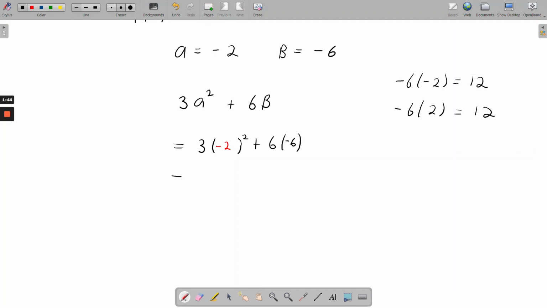So we calculate that out. We get 3 times minus 2 squared. Remember that's minus 2 multiplied by minus 2. So that's a minus by a minus, so you're going to get a plus 4 in this case.